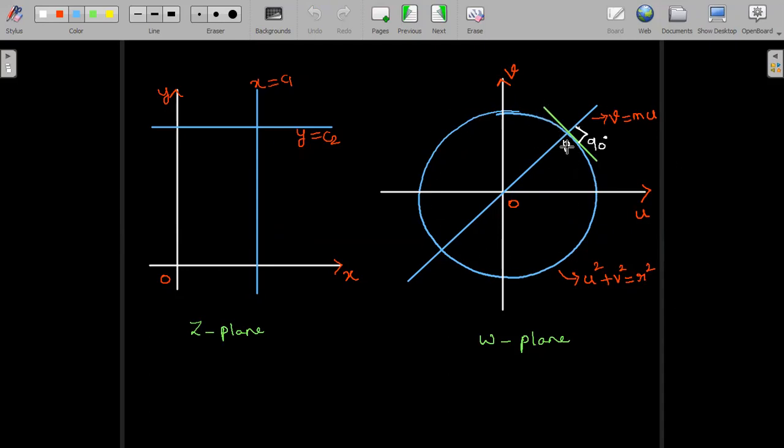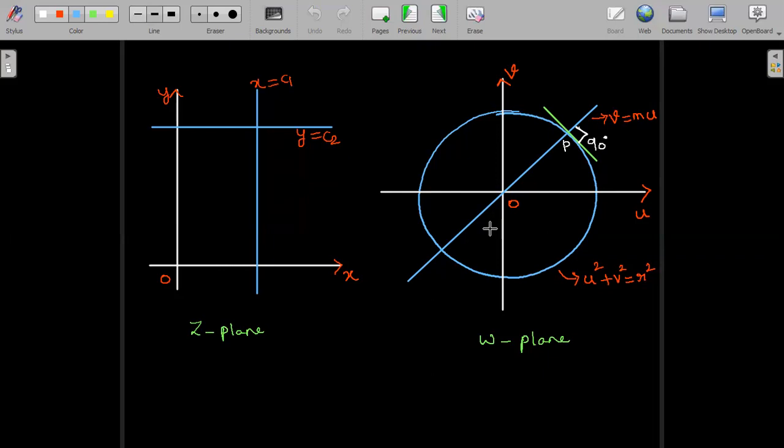The two curves, the circle and the straight line passing through the origin, are intersecting at the point P. At the point P, we draw a tangent. The tangent makes 90° at P. So if a tangent is drawn at the point of intersection of these two curves in the W plane, then the angle subtended is equal to 90°. This proves that the two curves are orthogonal trajectories of each other.